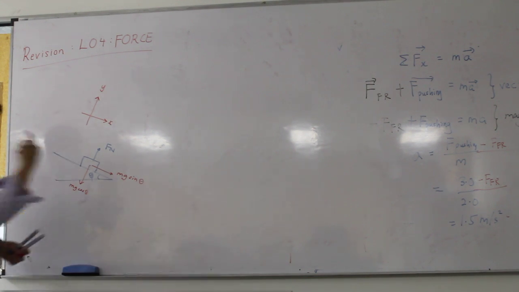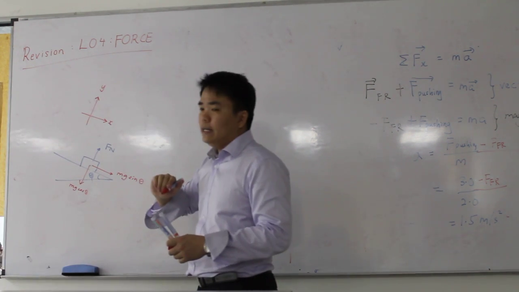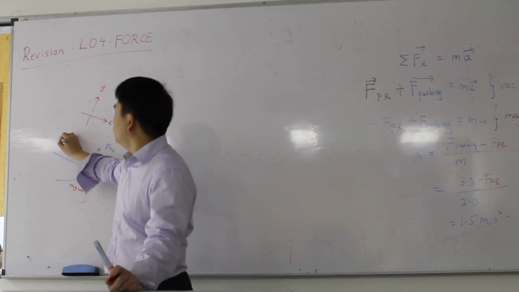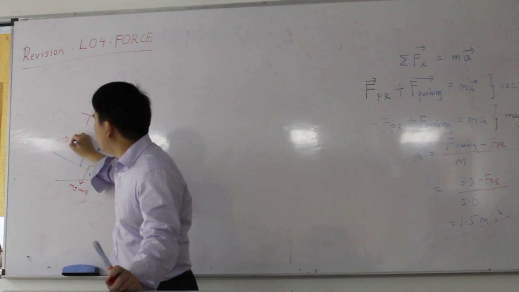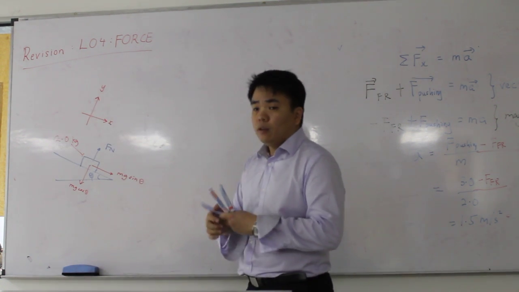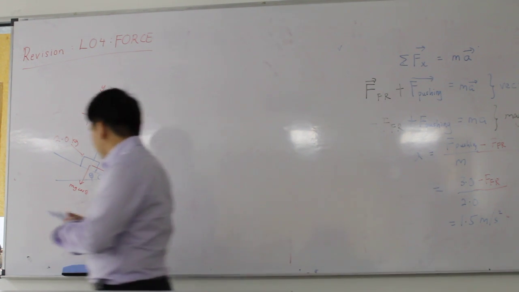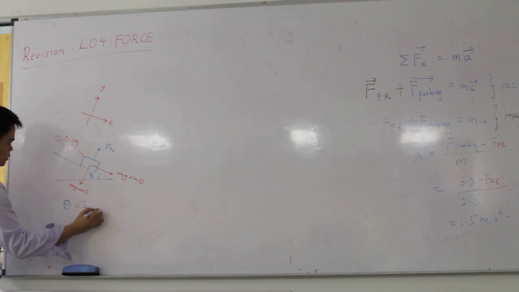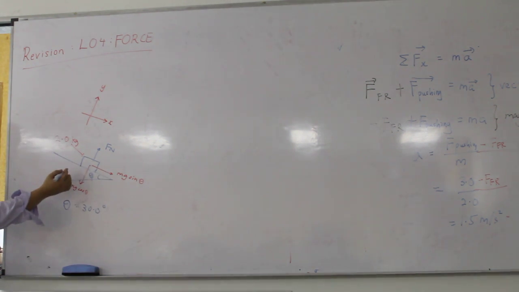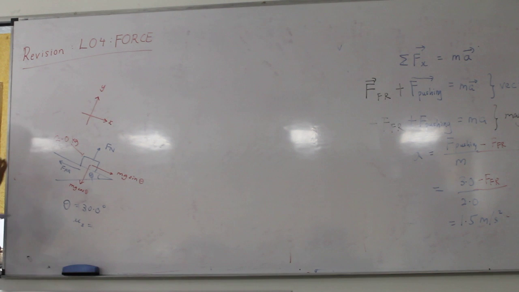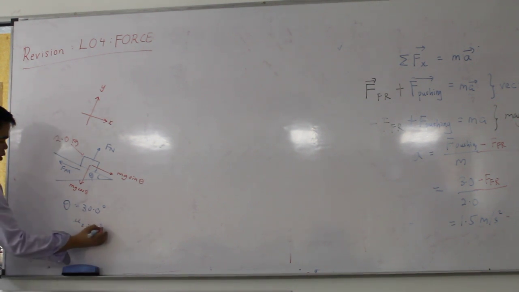Again, maybe I ask you, what is the final acceleration? If I say this mass is 2 kg, what is the final movement? Further, if I give you theta equal to 30 degrees, and I say that there is a frictional force where mu k is 0.01.